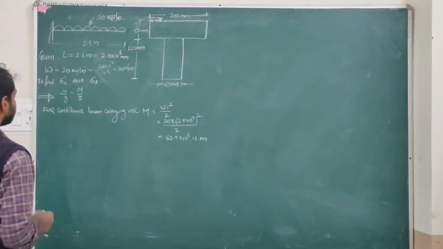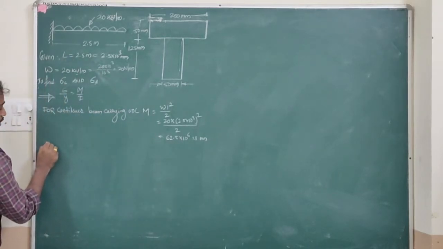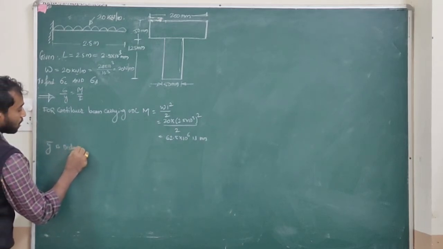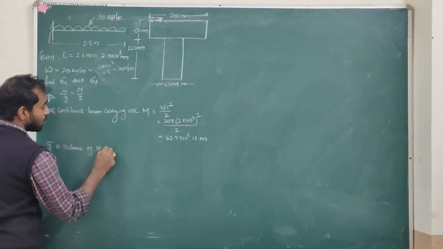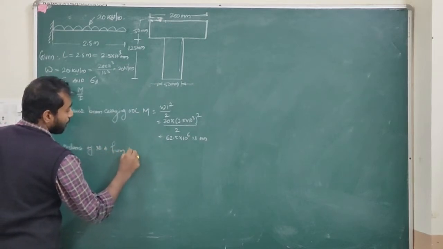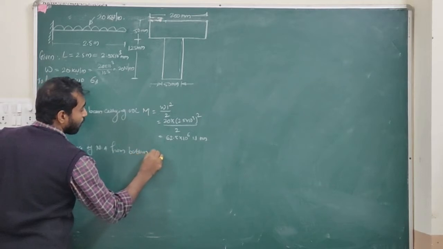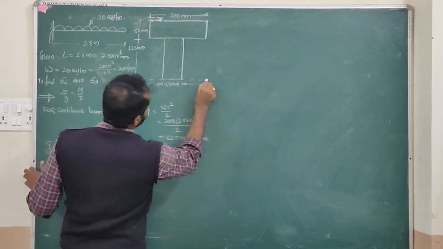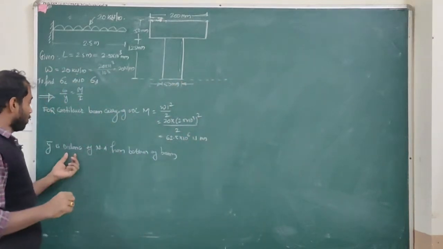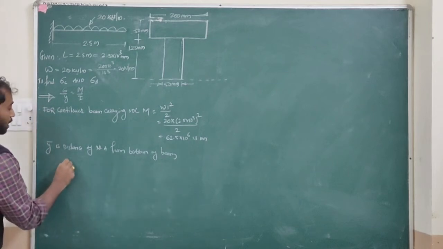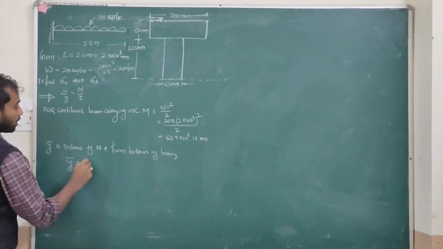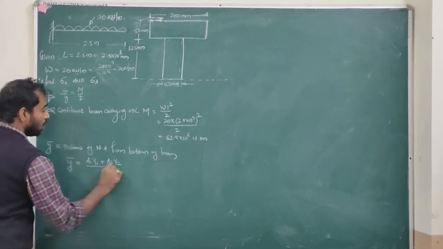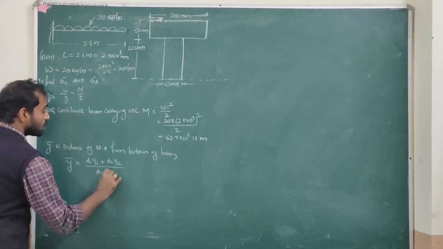So y bar is the distance of the neutral axis from the bottom of the beam, means from this particular extreme fiber, extreme layer, we are going to find out the value of y bar, and y bar is equal to a1y1 plus a2y2 upon a1 plus a2.